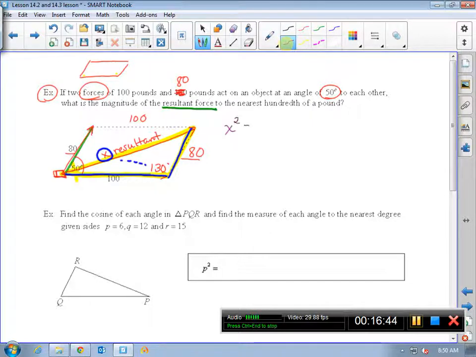X squared will equal the other two sides squared, minus 2 times those sides times the cosine of the angle between those sides, 130.